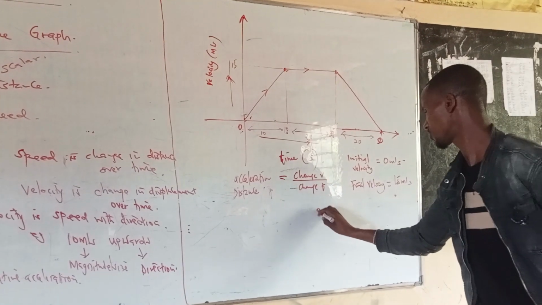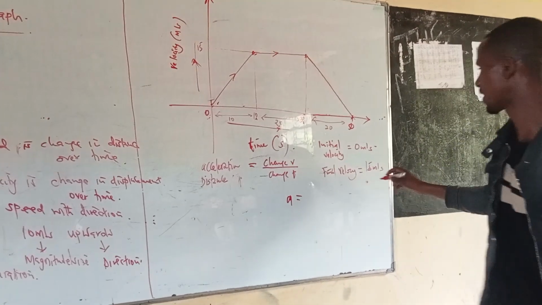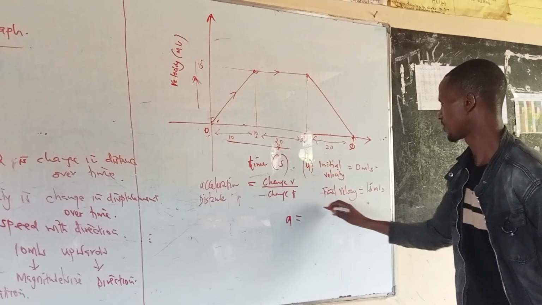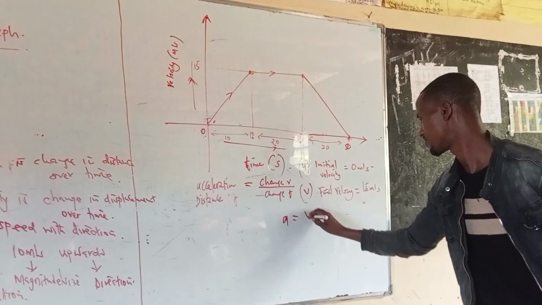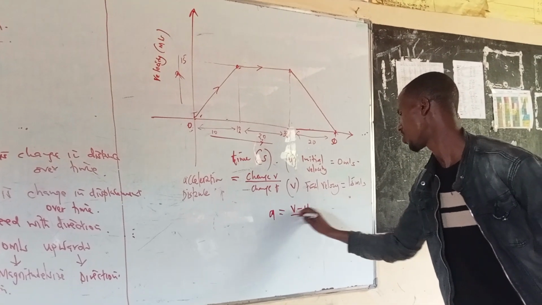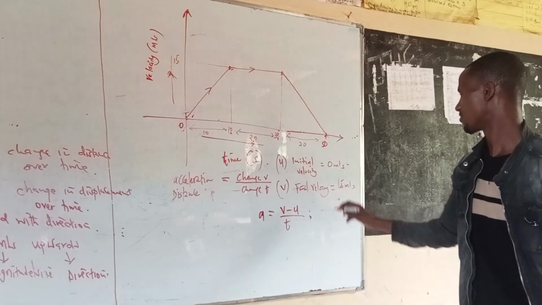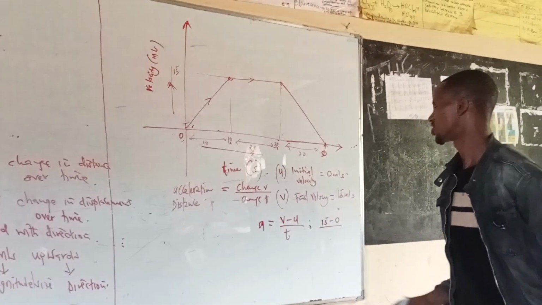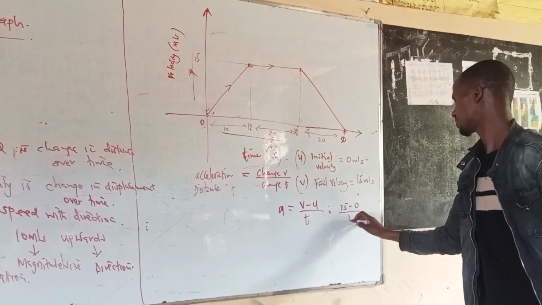So to get acceleration, we denote the initial velocity by u and the final velocity by v. Acceleration will be v minus u all over time. So our v is 15 minus 0, all over the change in time, which is 10 minus 0, which is 10.